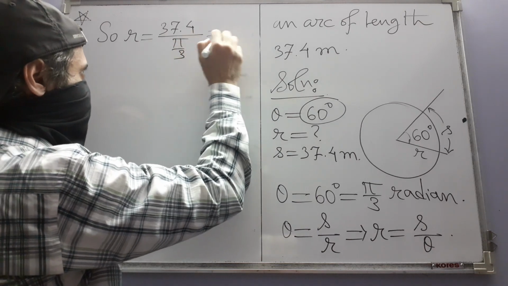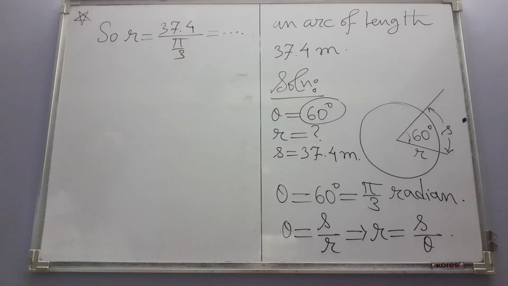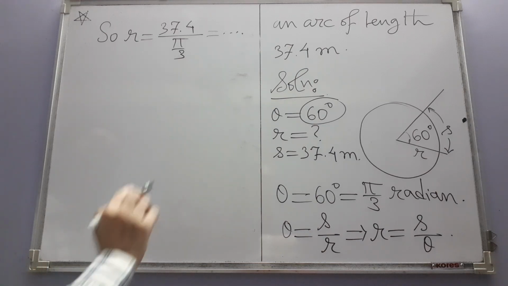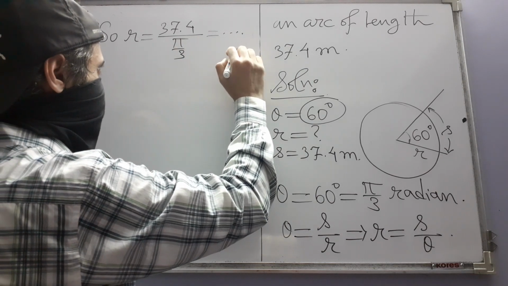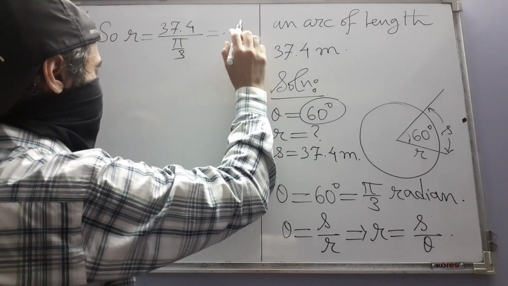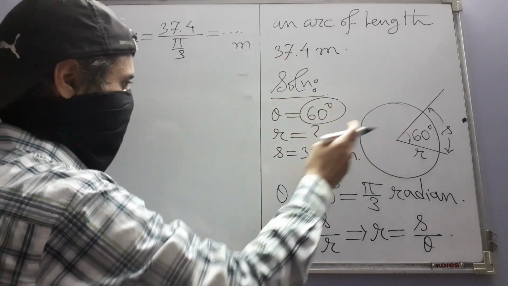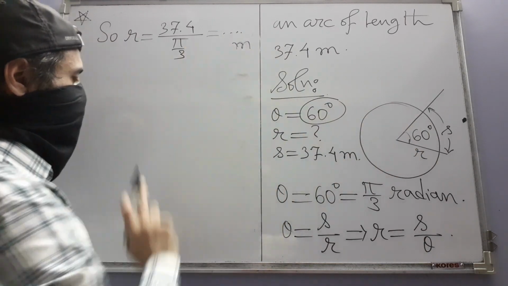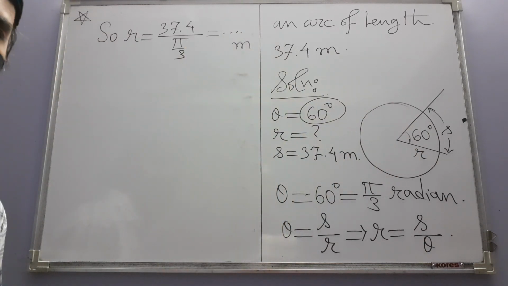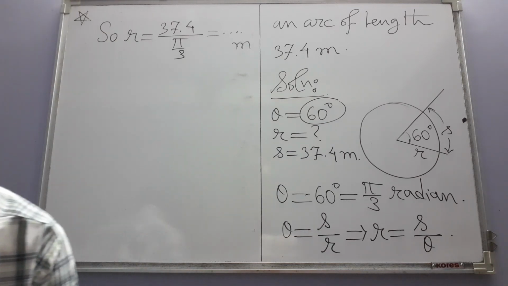I am not going to do that. So you will have something here. And do not forget to ultimately write the unit of R, which is meter. Since the arc length is given in meter, the radius should also be in meter. And that's it. That's the radius.